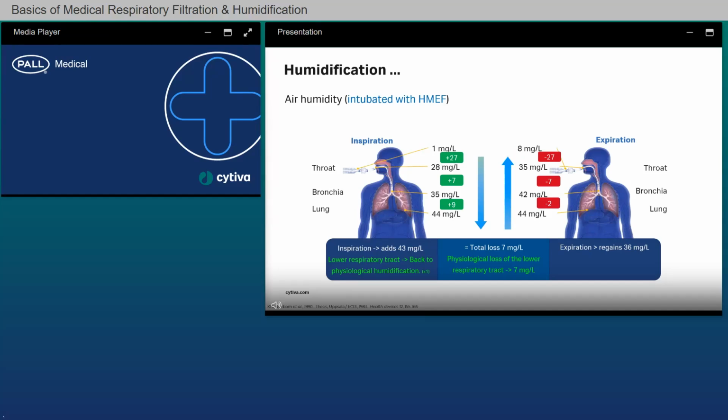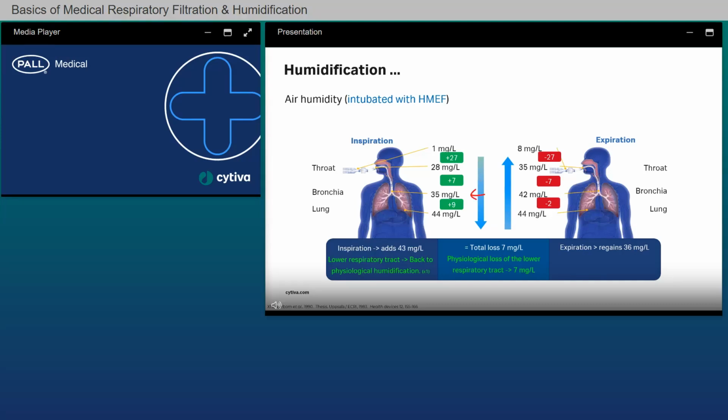If we switch to the inspiration now, we've got the 1 milligram from the wall. Now the filter adds back the 27 milligram per liter in the inspiration. The rest of the upper tract can add that 7 milligram per liter from the tube's walls.